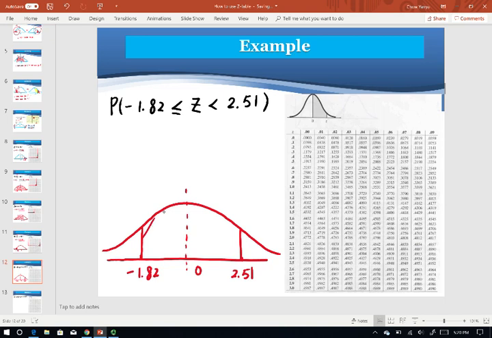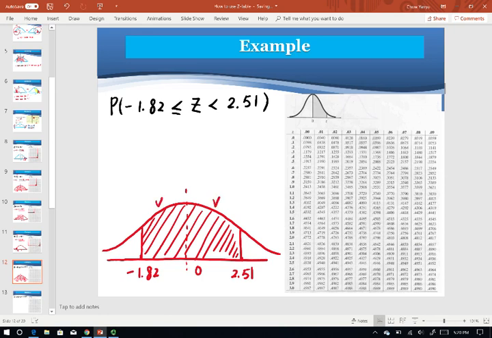This is the area. Between two sides, it will be A plus B, the two areas. So this area plus this area equals the two table values added.